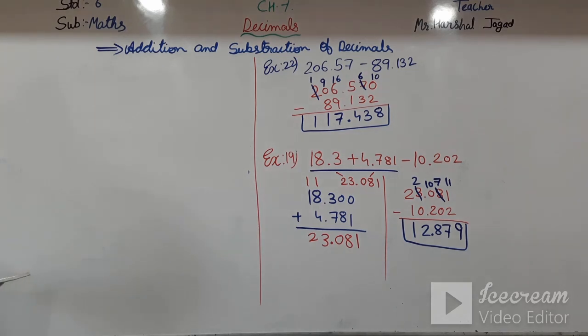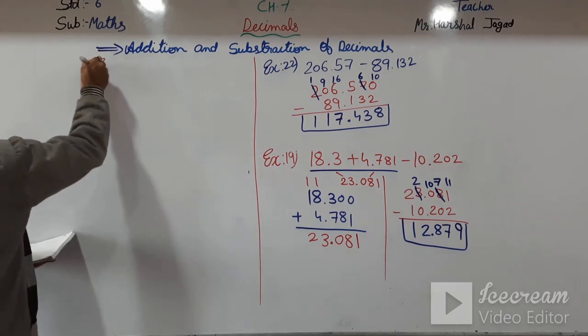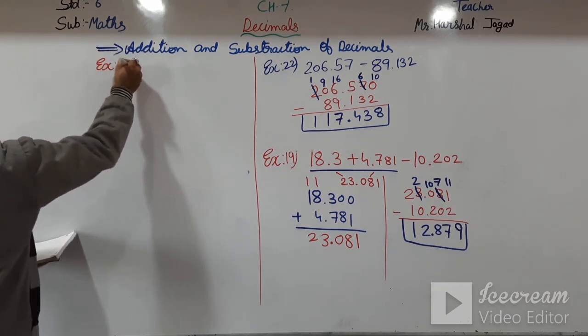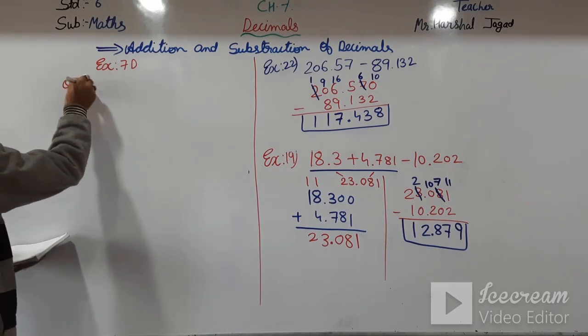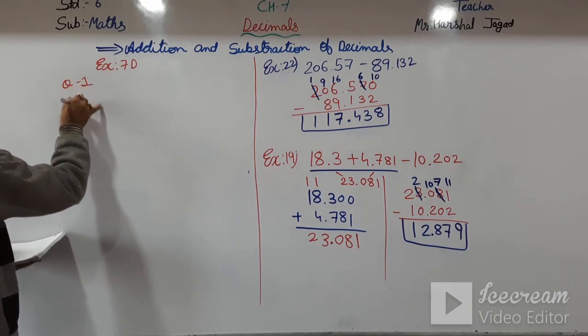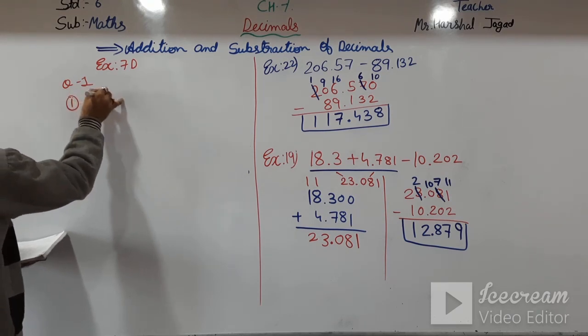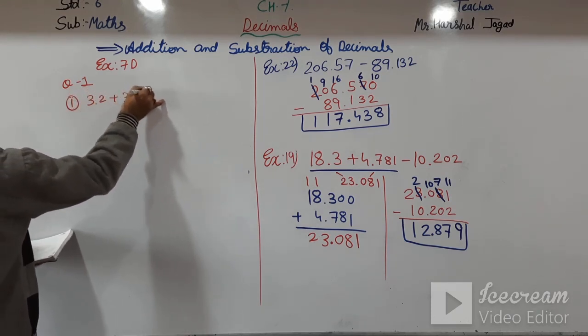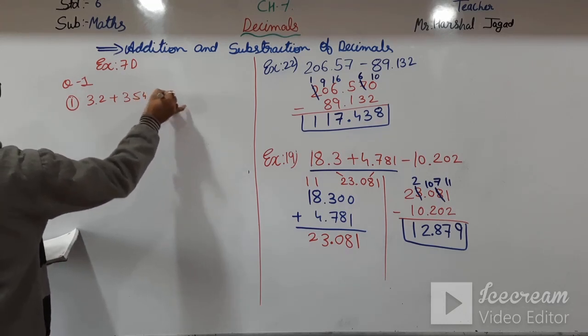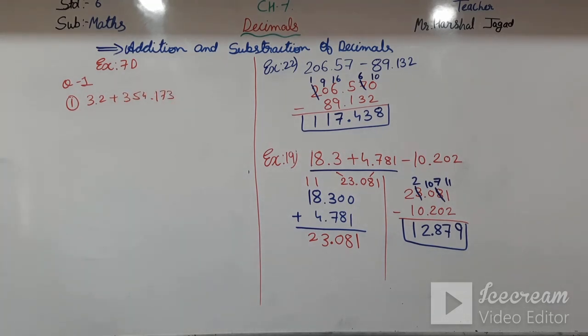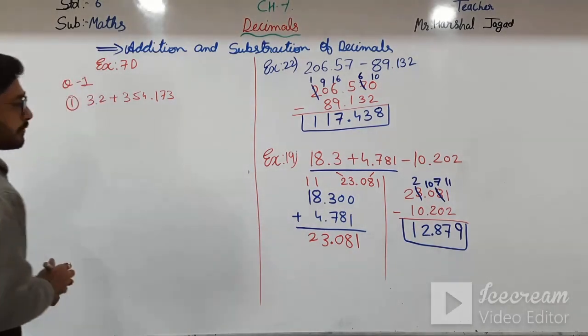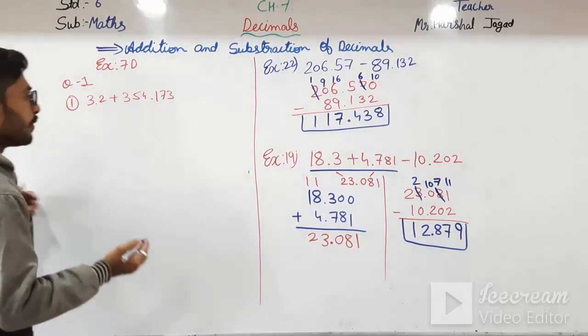So from that I am just doing one sum in this video, and in the next video I will do more sums. That is I, 3.2 plus 354.173. First of all you try at your home, and in the next video from question number 1 I will do more sums.